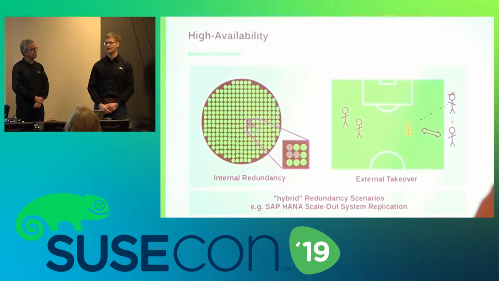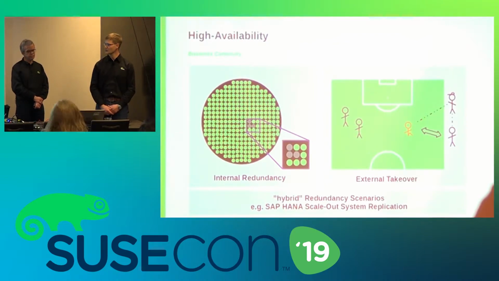If something happens with one of them, he has to take care and make a decision whether he can continue or he has to replace. In case he has to replace, the decision maker, the trainer in that case, replaces the player, and then the game can continue. This is what we are calling external takeover. So you have a mechanism which monitors a system and takes care that the system can continue.